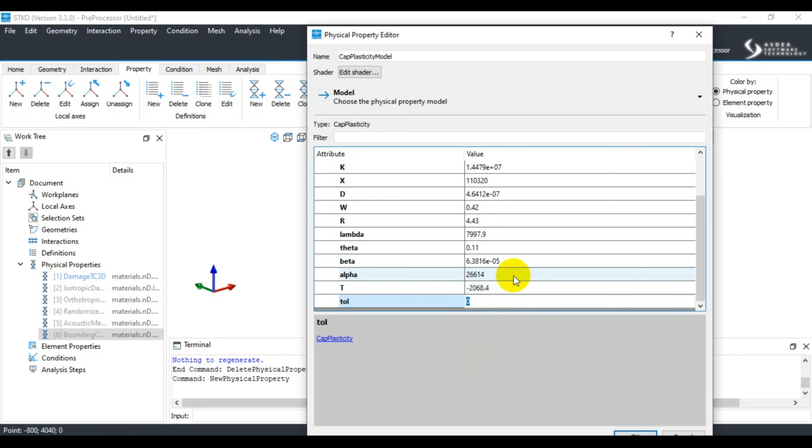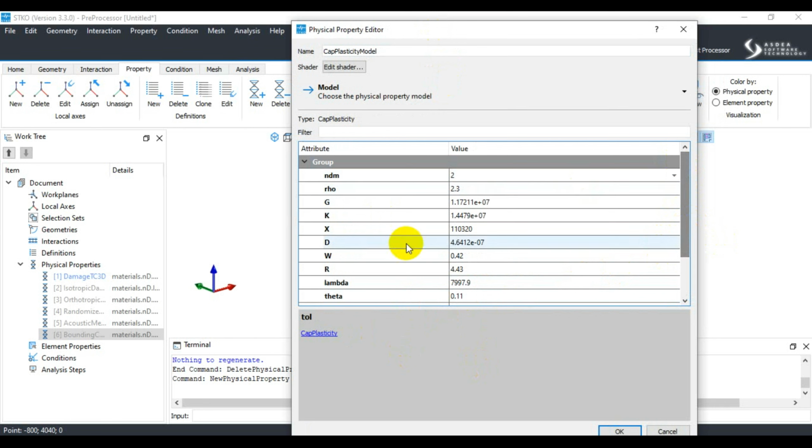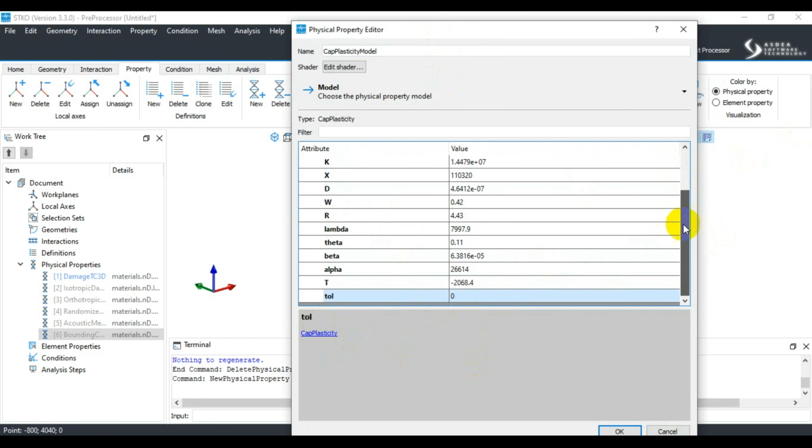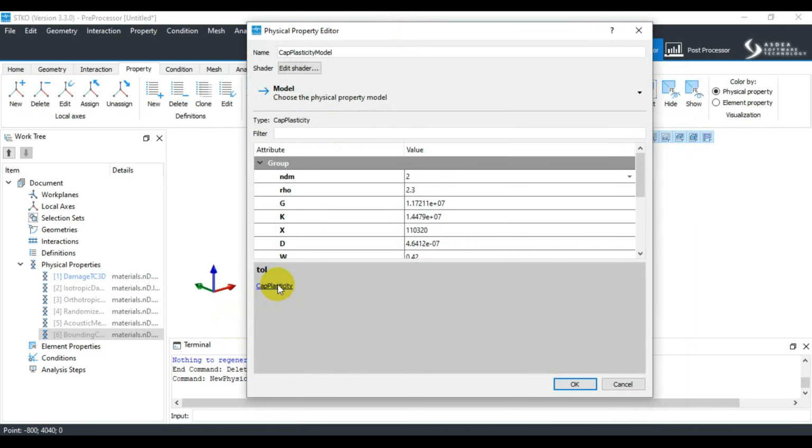For TOL, I'm not sure what exactly it represents, whether it represents total energy or tolerance. I don't know, because there are no labels and information for it here. And also I'm trying to click on it, but it is not linked to OpenSees documentation.